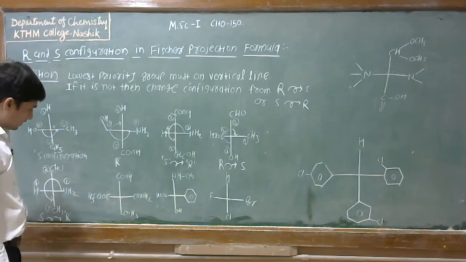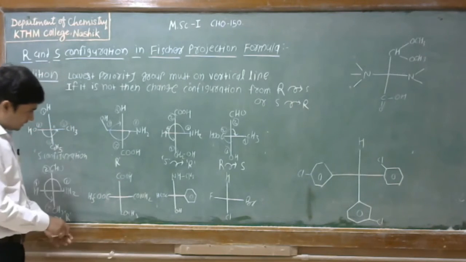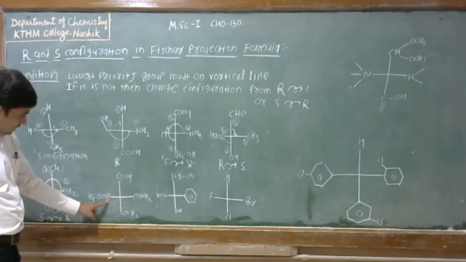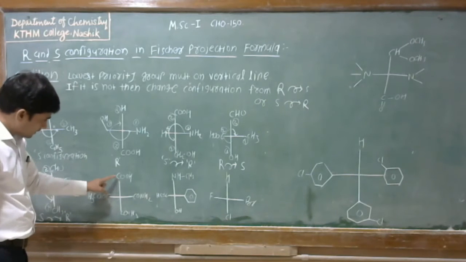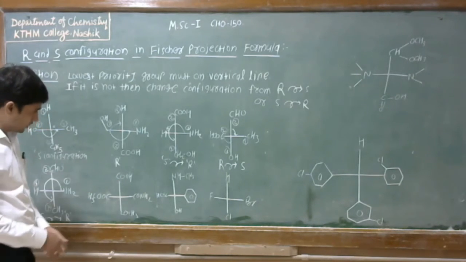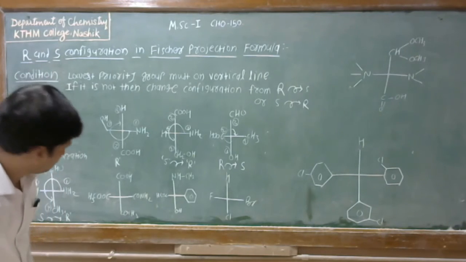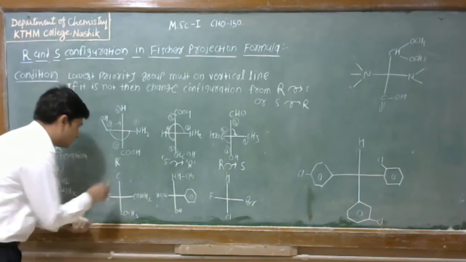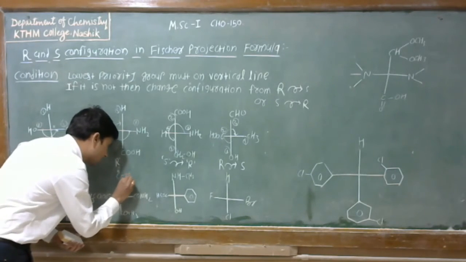In the next example, you can see all groups start with carbon. Here is a carbon, carbon, carbon, and carbon, and all these carbons are attached to a double-bonded oxygen. If we expand this group, we can see this is the carboxylic acid: carbon double bond oxygen with OH here.